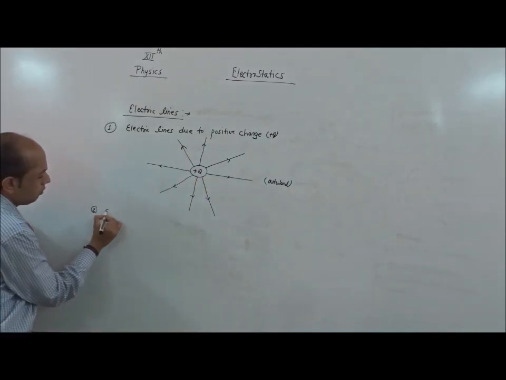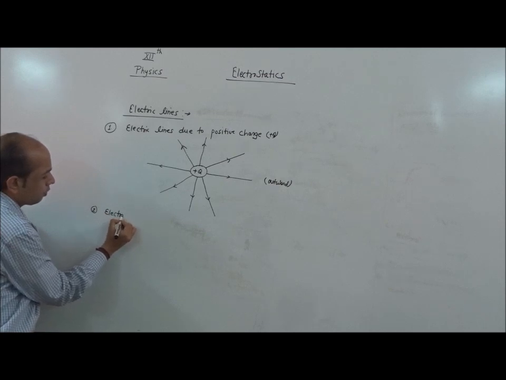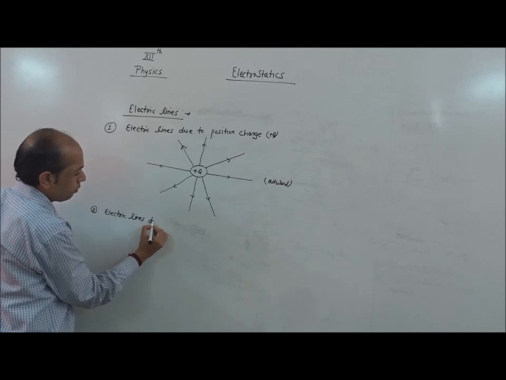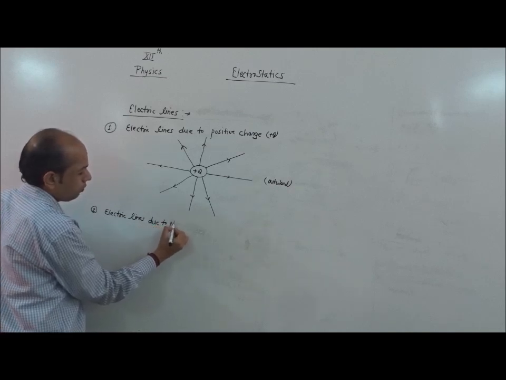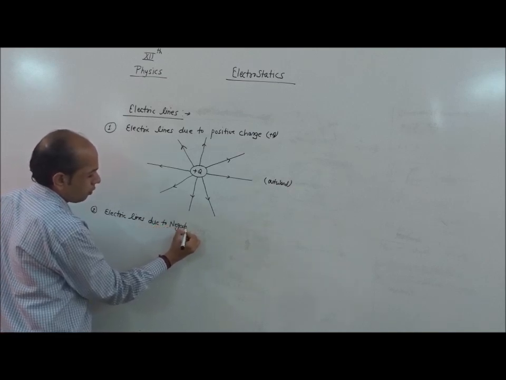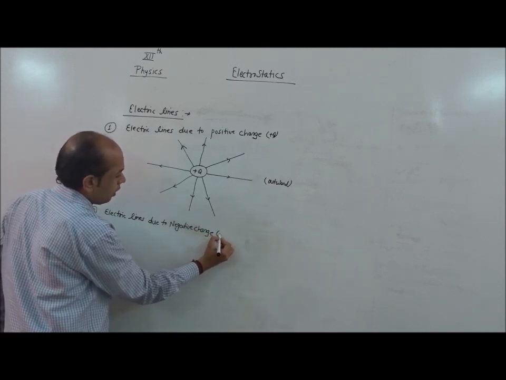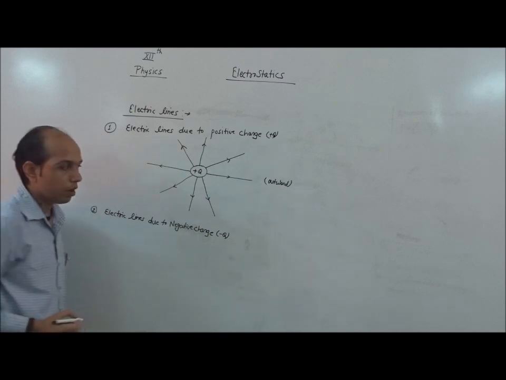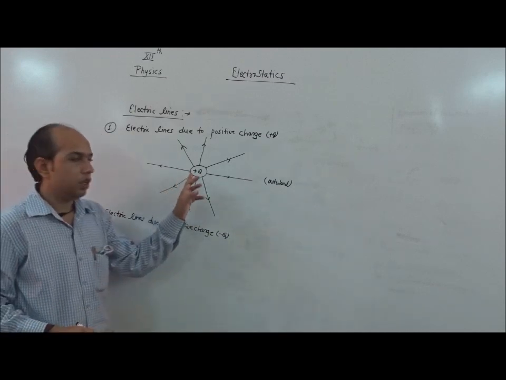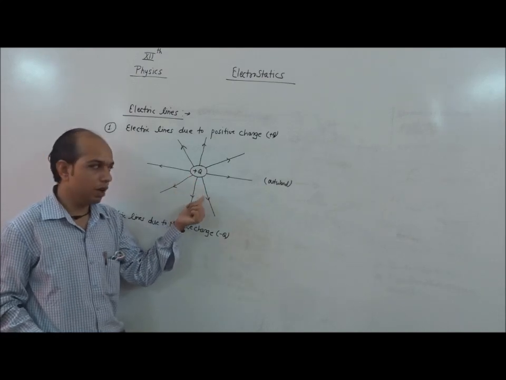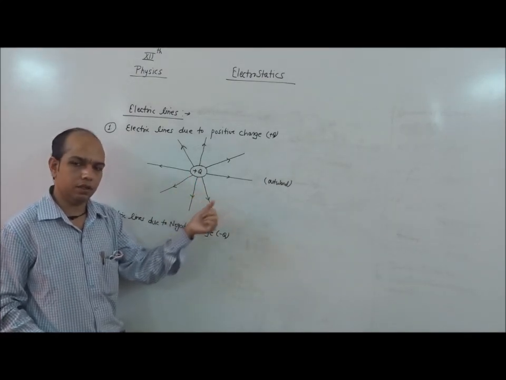Second one, electric lines due to negative charge, that is minus Q. So for positive Q charge, lines are outward. So for negative charge, just opposite, that is inward.